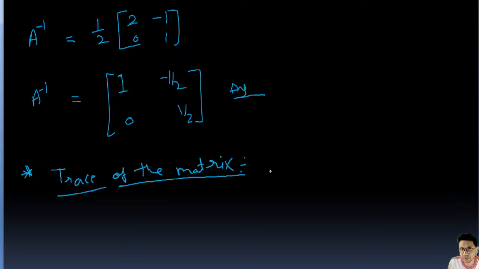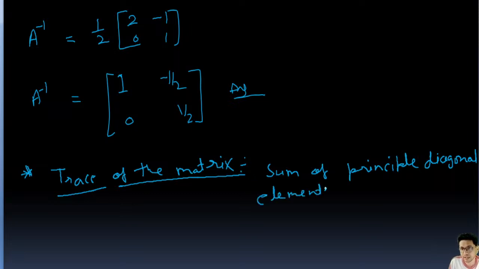So trace of the matrix means the sum of principal diagonal elements of the matrix.